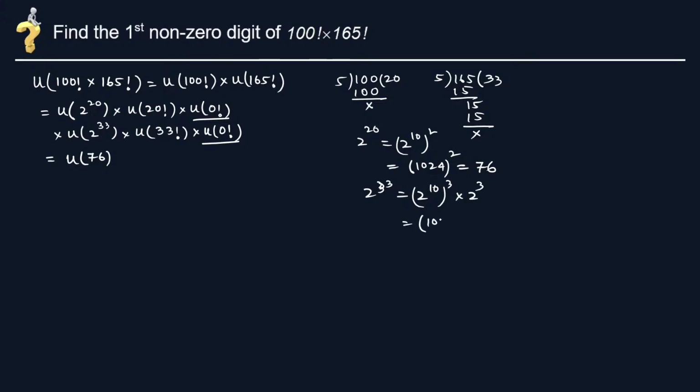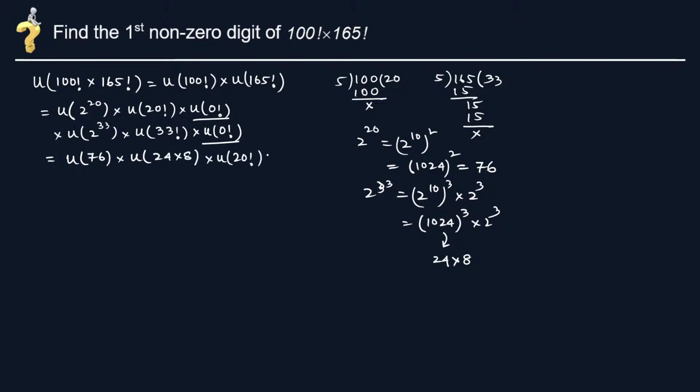This is 1024 whole cube into 2 cube, right? The last two digits will be 24 as the power is odd, into 8. Clear? So for 2 to the power 33, I'm writing it as 24 into 8.